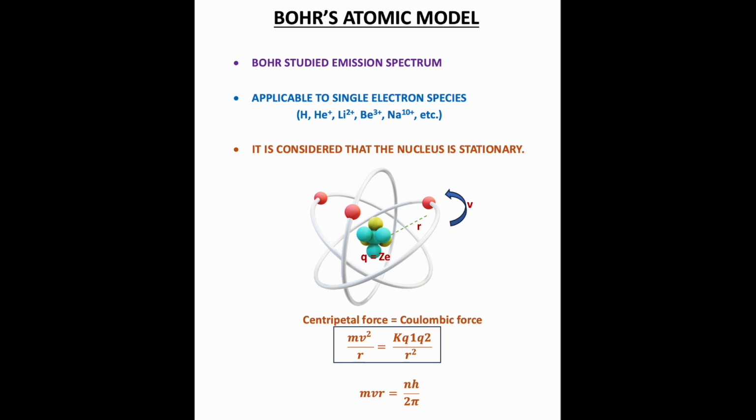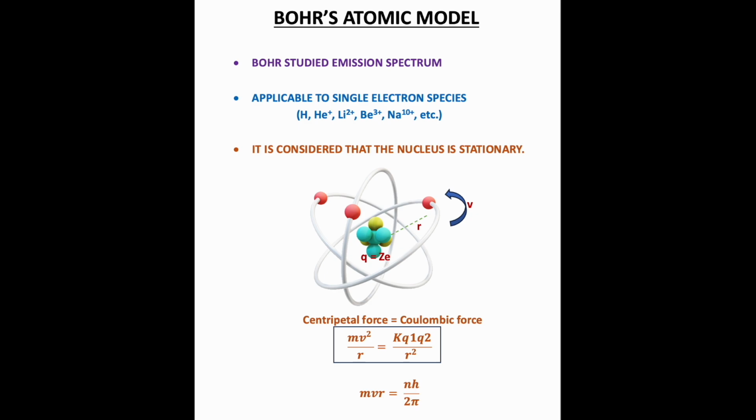If we consider the charge on the nucleus, which is due to the protons present in the nucleus, the total charge will be Ze. Z stands for the atomic number of that particular species. If it is hydrogen, Z is 1; if it is helium, Z is 2, and so on. The distance from the nucleus to the shell wherein the electron sits is r, the radius of the atom, and the electron is continuously moving with a velocity v.